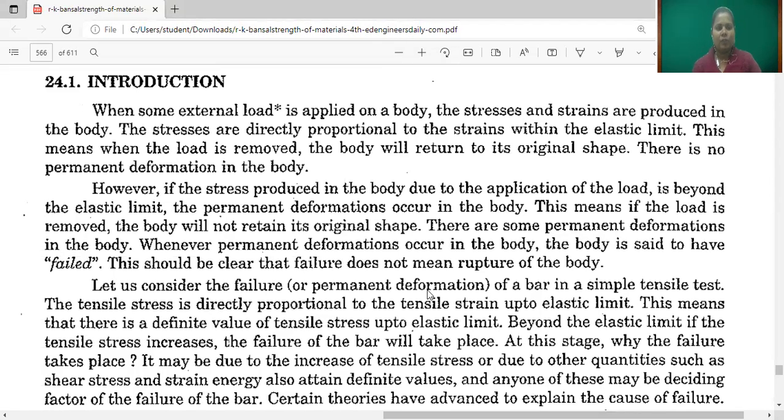First we will see the introduction and then we will see the theories one by one. Simultaneously you can also write. First we will write the introduction and then I will explain.